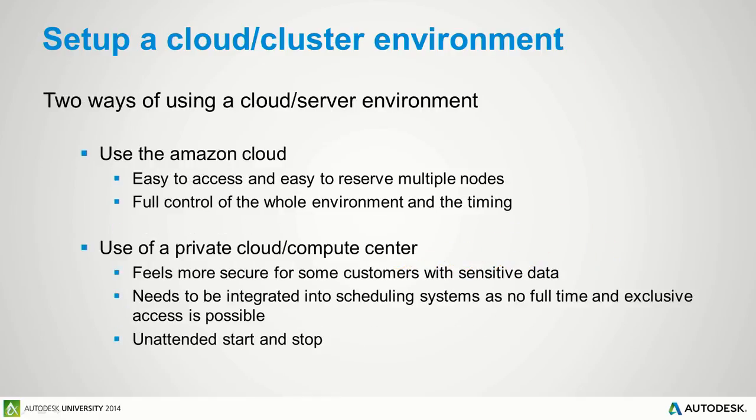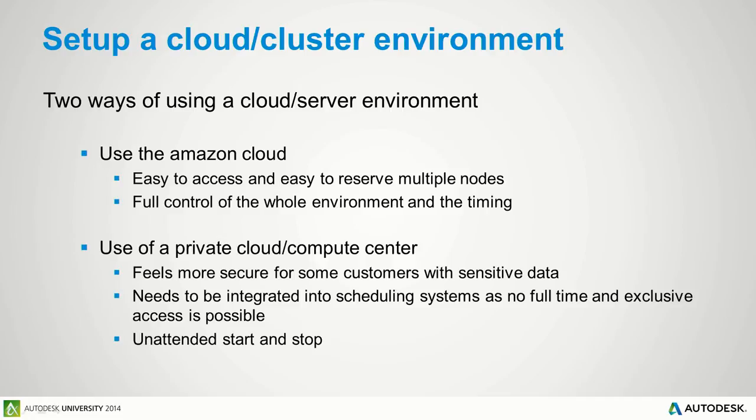Two ways we did in the past as real-life examples. On the one hand, we used the Amazon Cloud. The advantage of the Amazon Cloud, it's easy to access and it's easy to reserve multiple nodes. I create an Amazon account, and then I go there and say, okay, I need 20 machines, I need 40 machines, whatever I want.